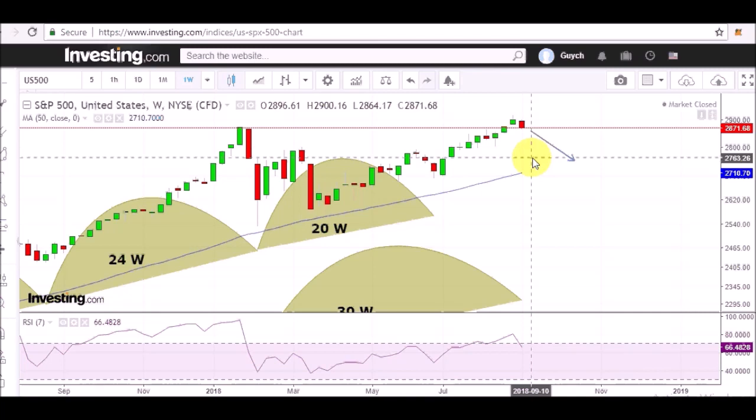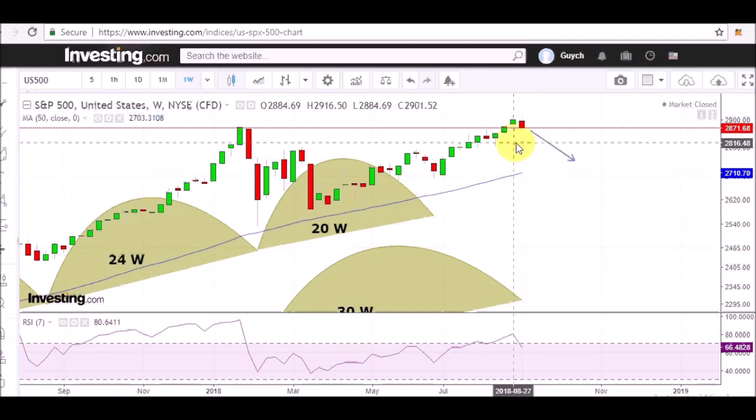Well, bringing us, say, close to 2760 or something like that on the S&P 500. That would be a decline from the high of about 2916 over the next several weeks.